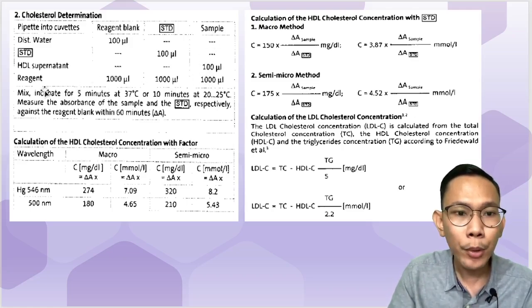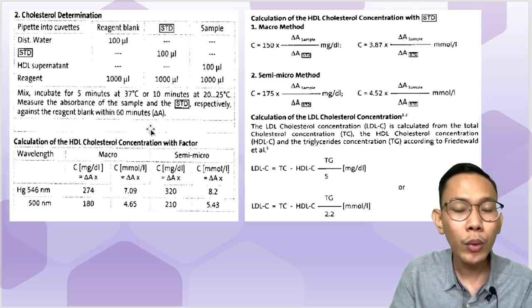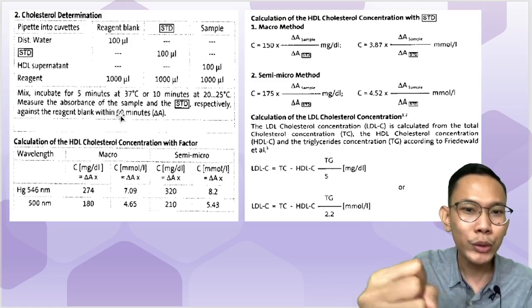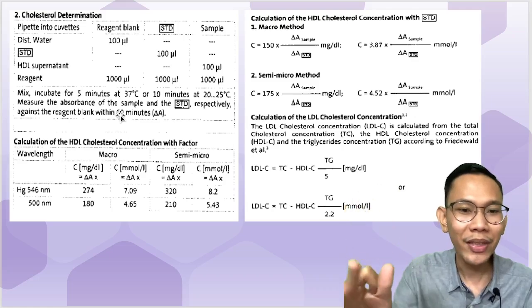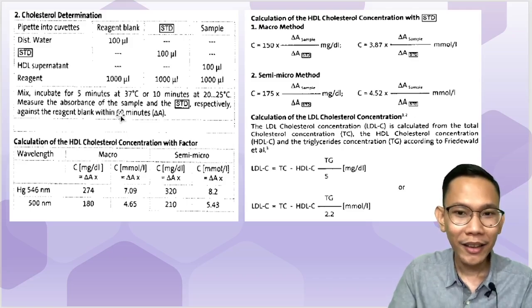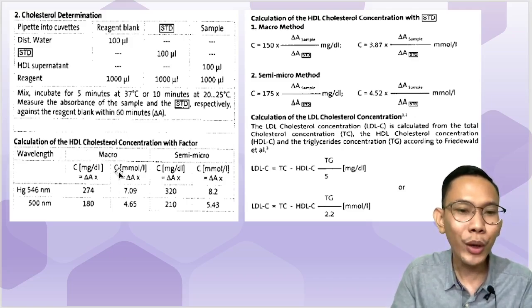Then, for the sample, again, HDL supernatant, 100 UL, and the reagent of 1,000 UL. You mix, incubate for 5 minutes at 37, at 20 to 25, and measure the absorbance of the sample and standard respectively against the reagent blank within 60 minutes. The same kanina. Reagent blank una, tapos sample and standard, and you will now get your absorbance. Very basic.